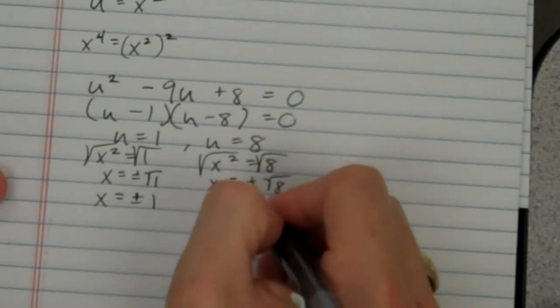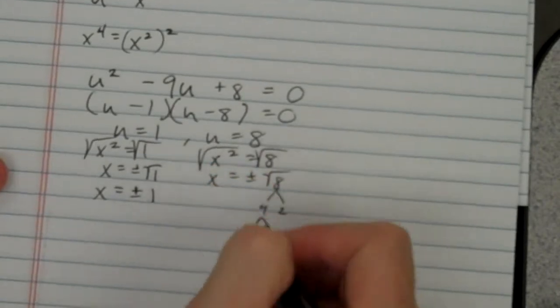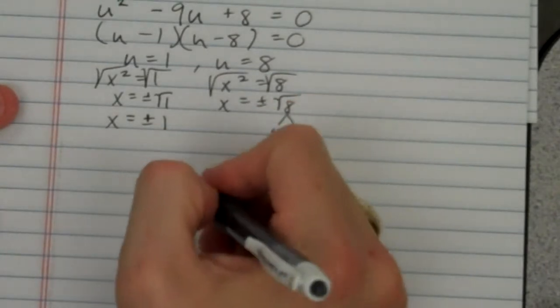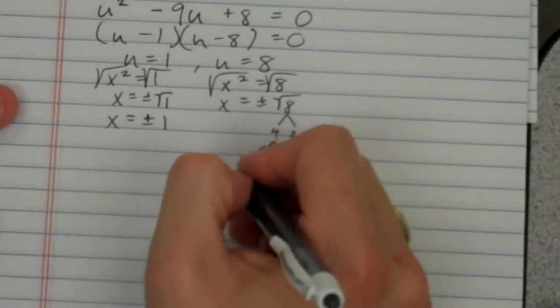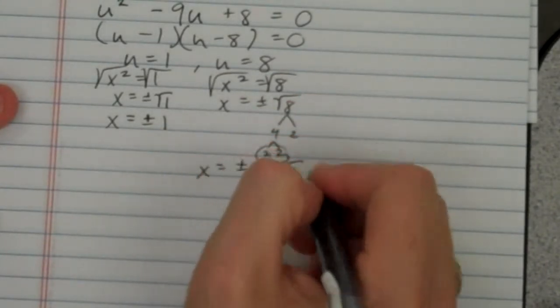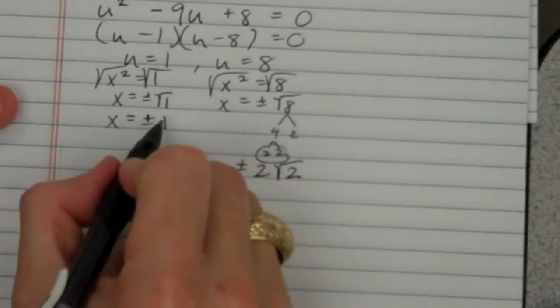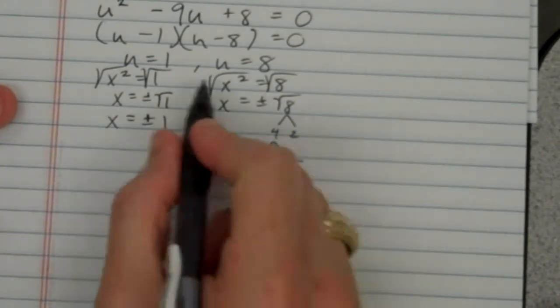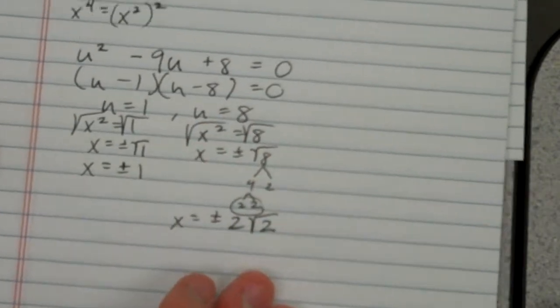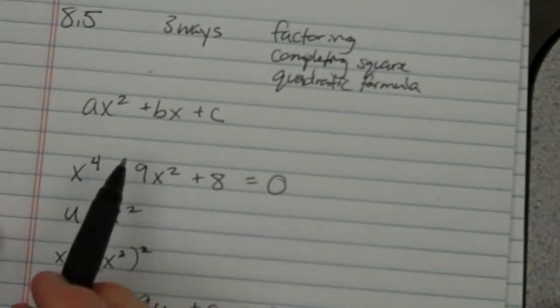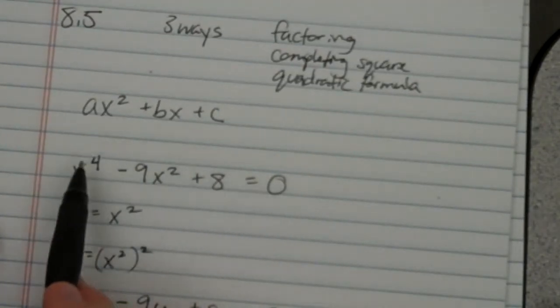I can take a 2 out. So x equals plus or minus 2 times the square root of 2. So I have 1, 2, 3, 4 answers for this. And that makes sense because what's the degree of our original problem? It's 4. And so I need to have 4 answers.